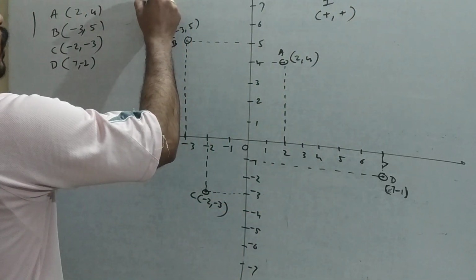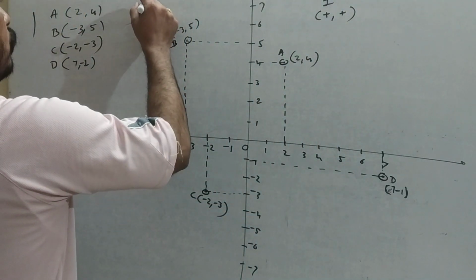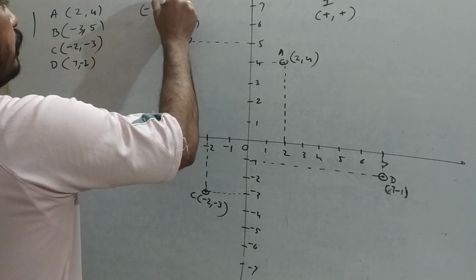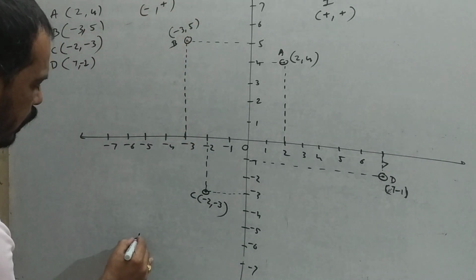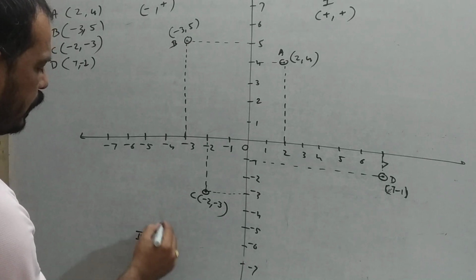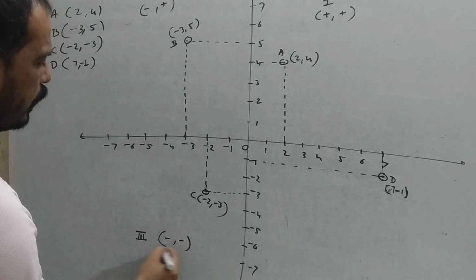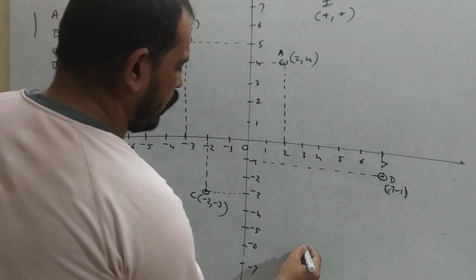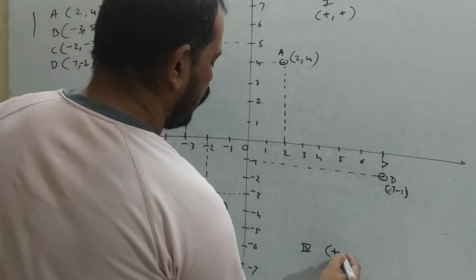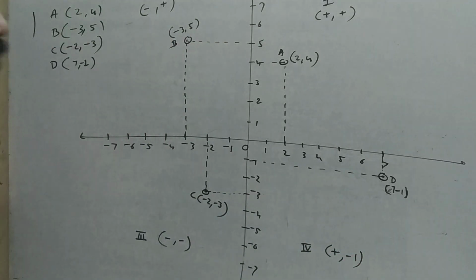This is the second quadrant. Here X is negative and Y is positive. In the third quadrant, X is negative and Y is also negative. This is the fourth quadrant. In the fourth quadrant, X is positive and Y is negative.